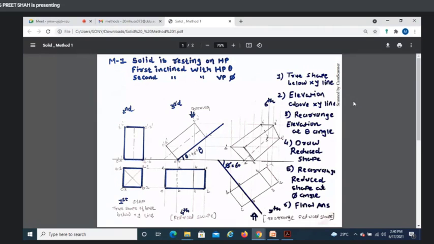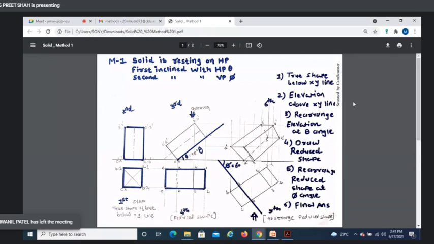Once you note it down in the sketchbook, just tell me. If there is a doubt in this method, you can ask questions to me also, so you can fix this method in your mind.